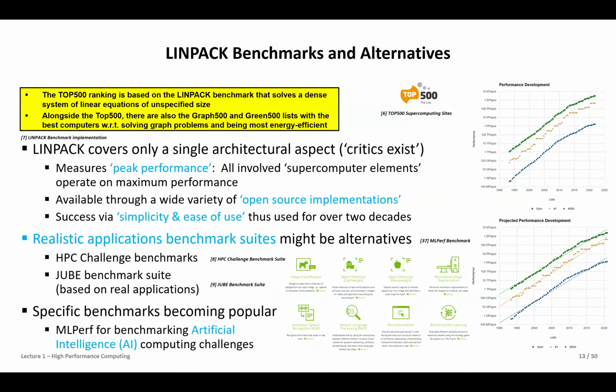It's still the modus operandi, and people have to measure this on the systems and bring the results in, and that's how they are ranked. But today we have more realistic application benchmark suites as well. This is more of a political way of informing who is the best supercomputer in the world. You can imagine it involves many millions of euros or US dollars, so it also influences politically who has the best supercomputers.